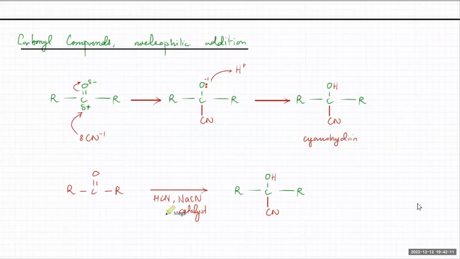So this is what you're going to end up with. And the first CN- actually comes from the catalyst, to start the reaction or to speed up the reaction.